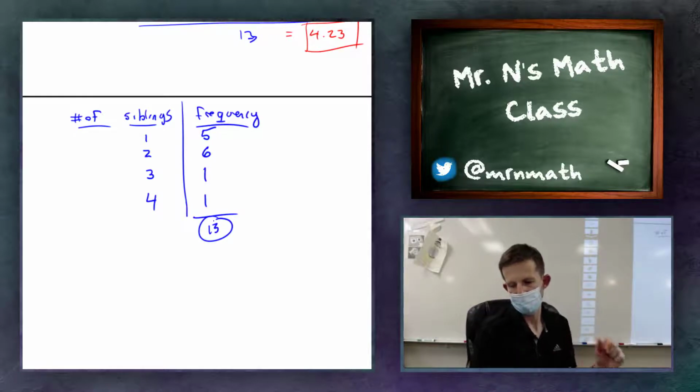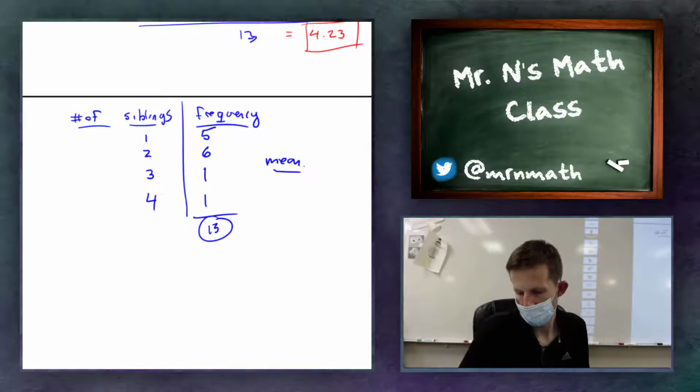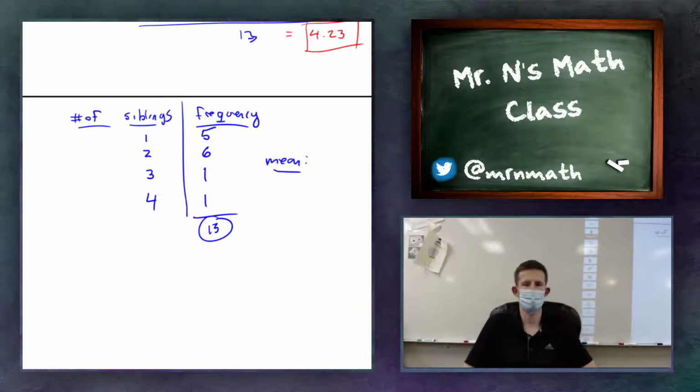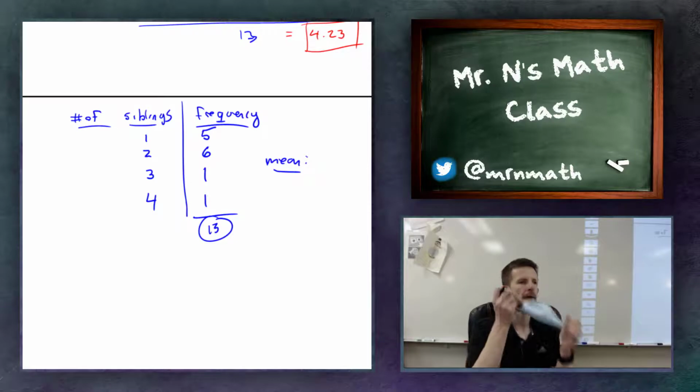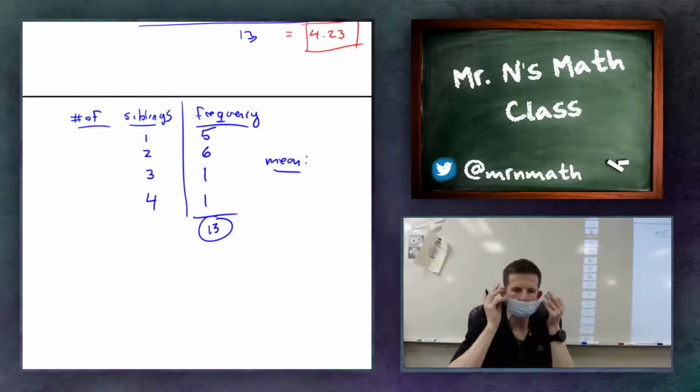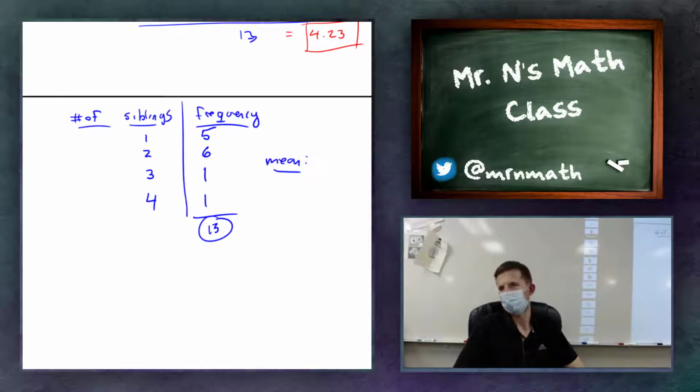Find the mean of this data set. I'm pretty sure I did. 1.8, like exactly or rounded? 1.84.